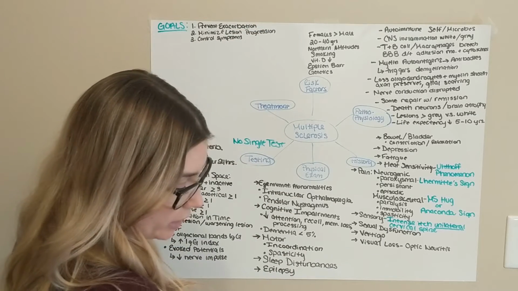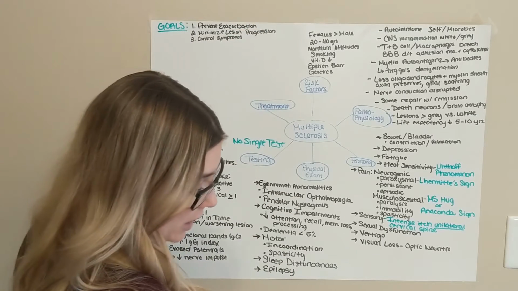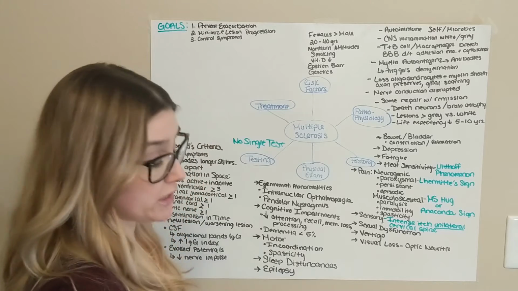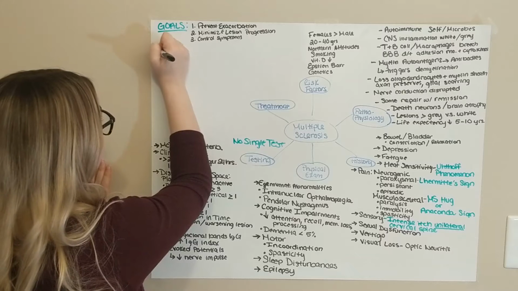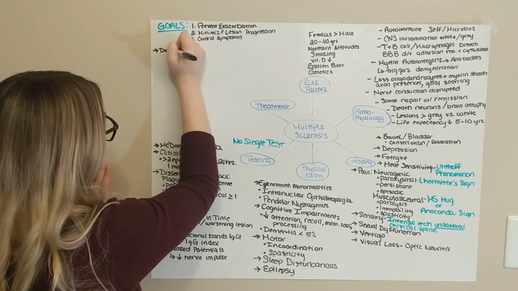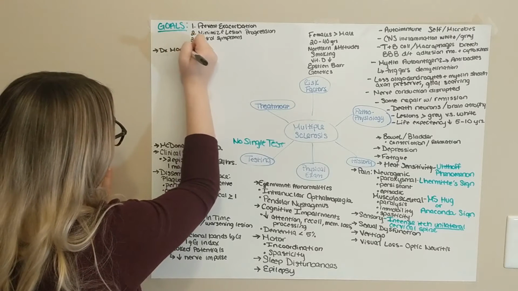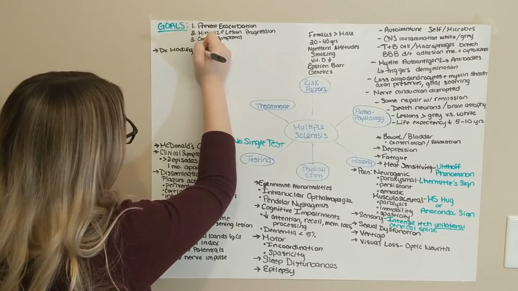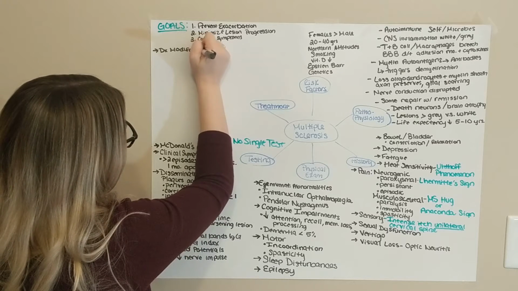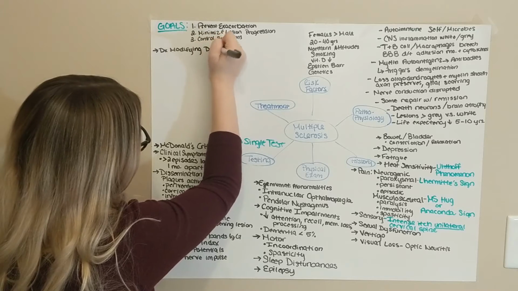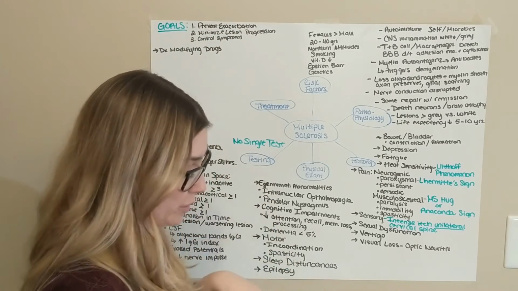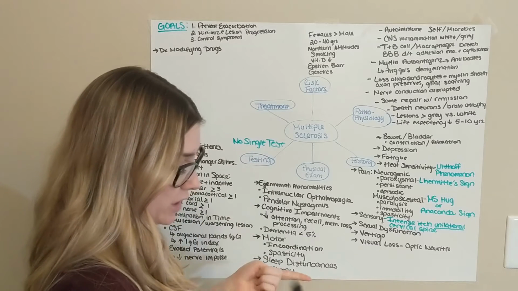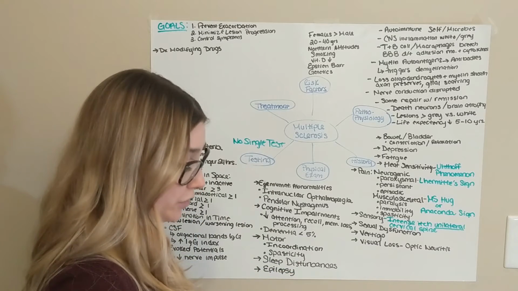So the main way that we're going to go about doing this is by using disease-modifying drugs. Either way, the three main drugs that we're going to use are corticosteroids to decrease inflammation.